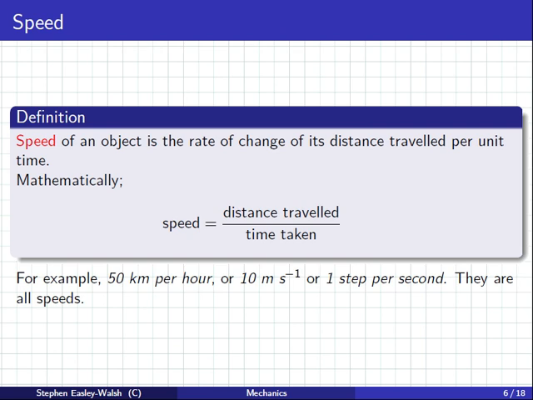We got the definition? No, it's still right, that's okay.